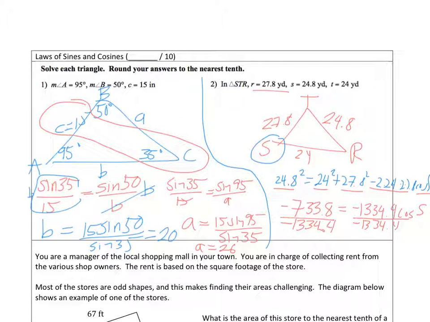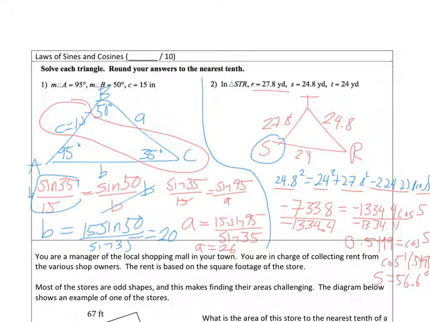So we got negative 733.8 divided by negative 1334.4, and we get 0.5499 is equal to cosine of S. That means that if I do the inverse cosine, arc cosine of both sides, so 0.5499, we get 56.639 degrees. So 56.6 degrees would be that.